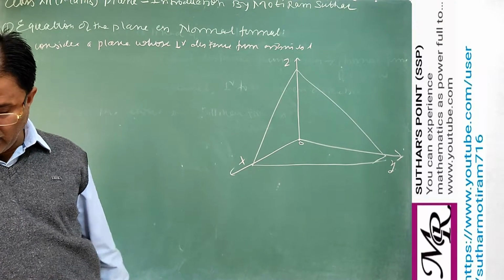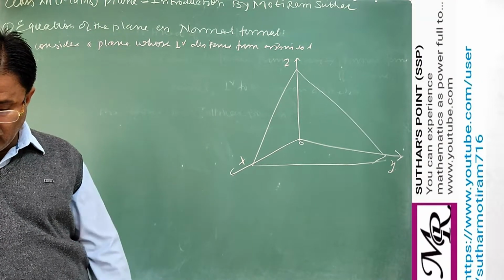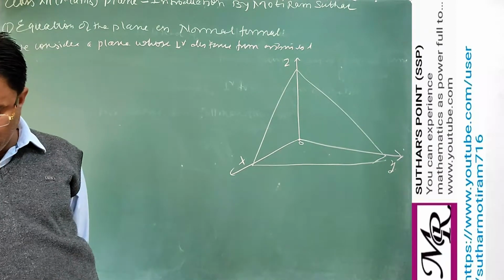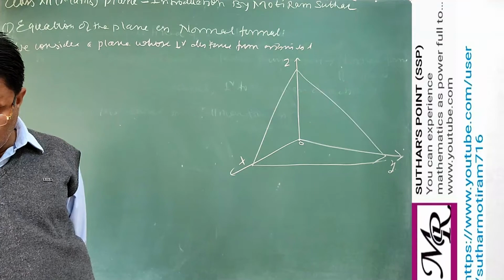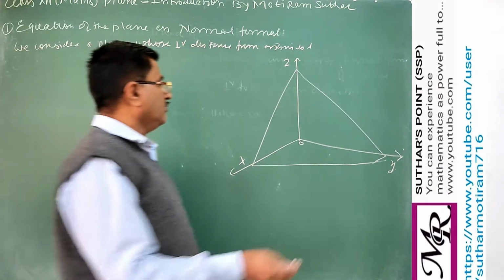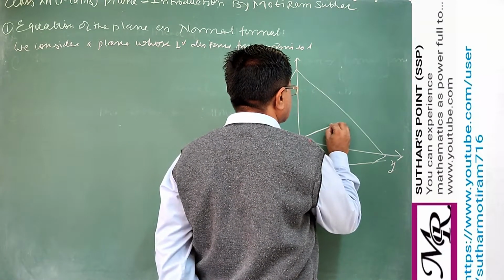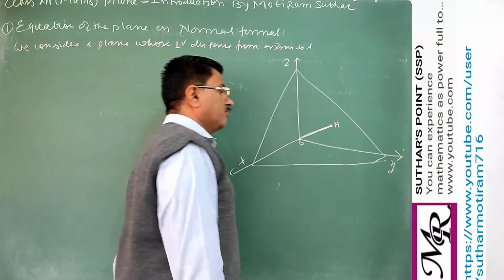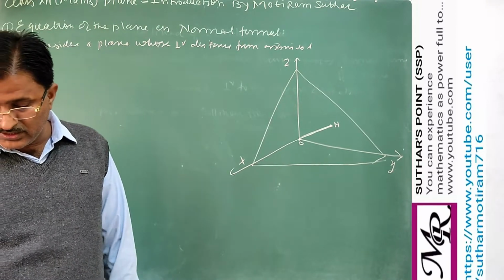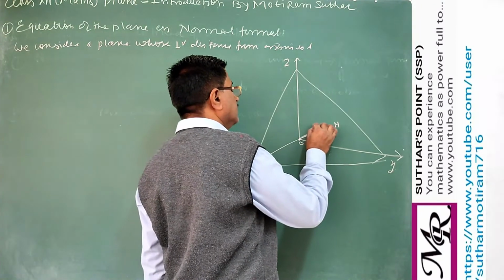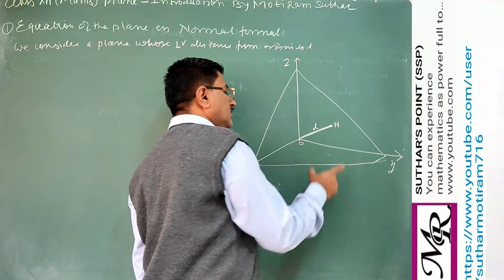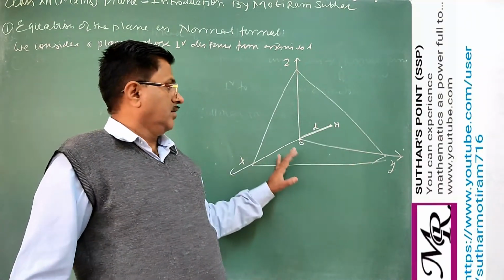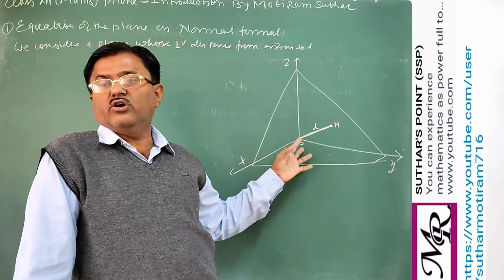So we consider a plane whose perpendicular distance from the origin is d. Suppose this is point N, a point on the plane, and this distance is given as d. Actually, this is a three-dimensional picture, and we are drawing in two dimensions. That's why it is not clear.